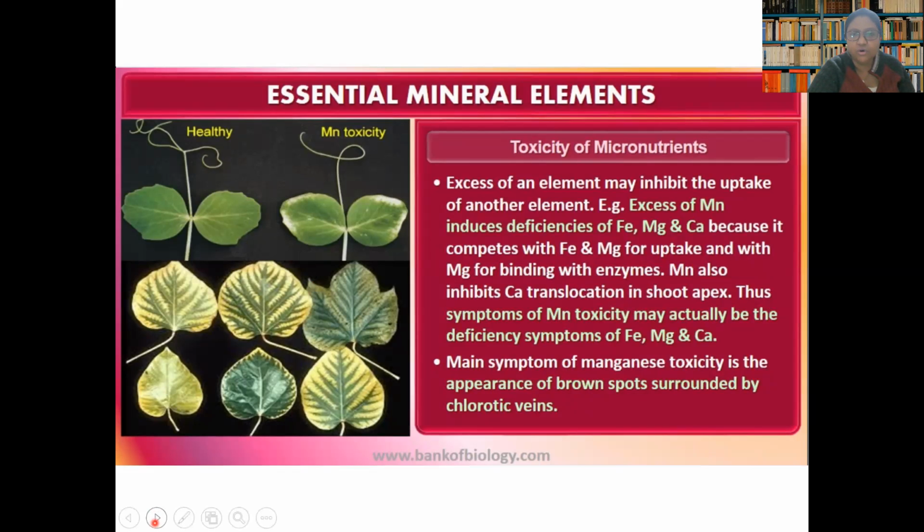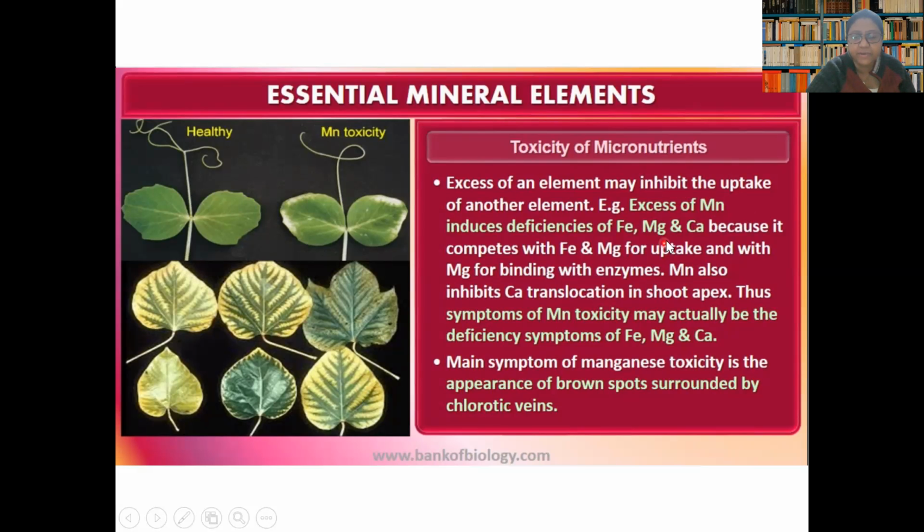Okay. So many a times it occurs that these elements are correlated. So if one element is present in more amount, it is causing deficiency of another element. For example, if Mn is present in more amount, it will cause deficiency of iron, magnesium and calcium. Why?